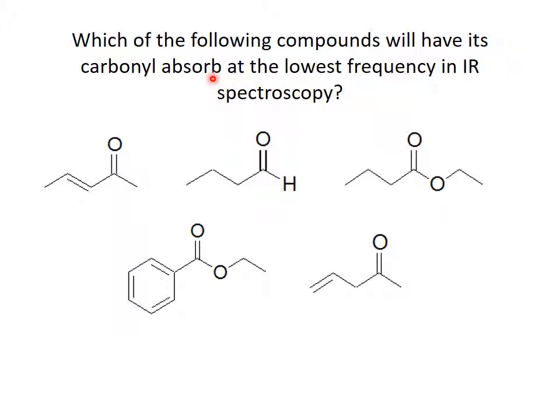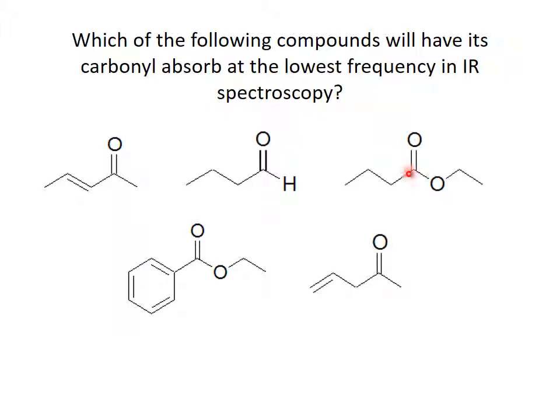Okay, which of the following compounds will have the carbonyl absorb at the lowest frequency? When we look at absorption of frequencies, strong bonds absorb at higher frequencies and weak bonds absorb at lower frequencies. What weakens a carbonyl? Those things that would pull the electrons away from the carbon-oxygen bond and put them somewhere else.